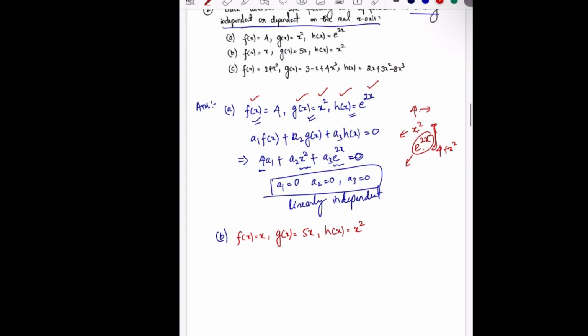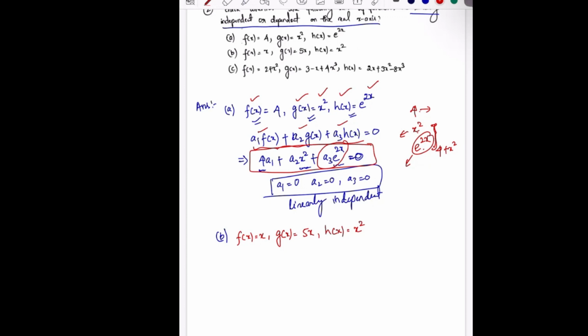Now if you want to check using the usual method, what you have to do is multiply each of these functions with some constant a1, a2, a3. So the final equation is 4a1 + a2 x² + a3 e^(2x).